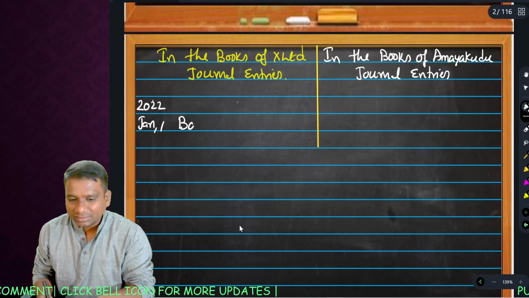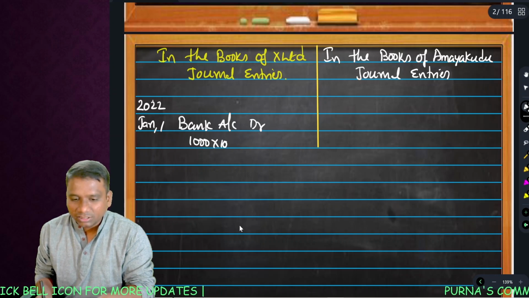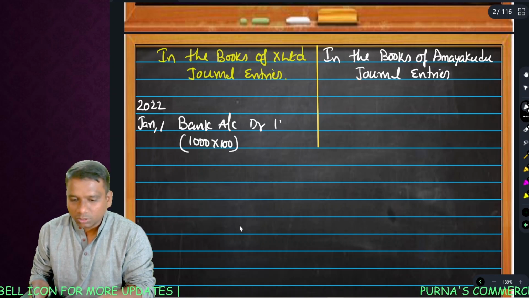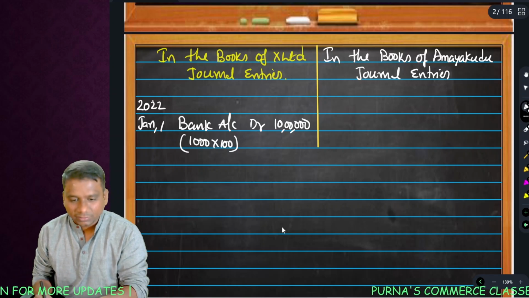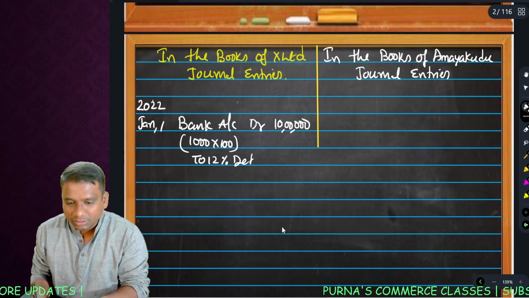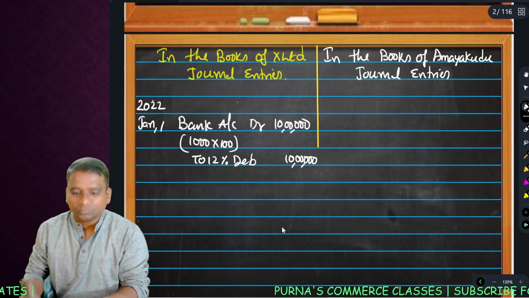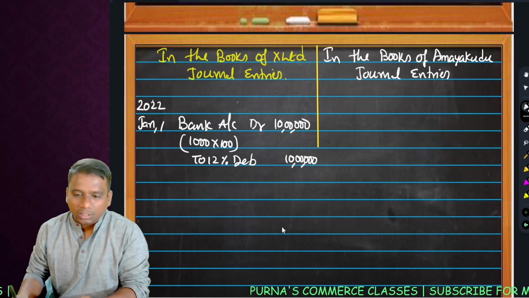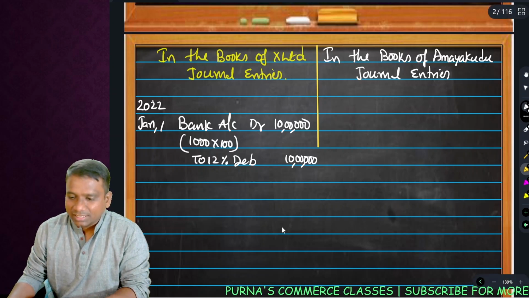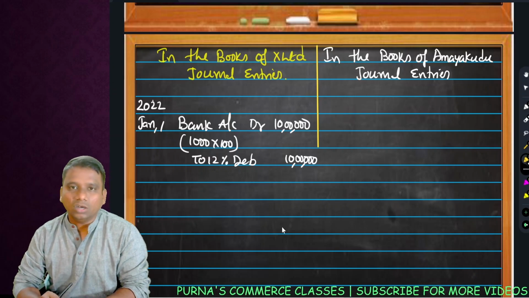So bank account debit, 1000 debentures into 100, total 10 lakhs, to 12% debentures 10 lakhs. Yes or no? Yes.